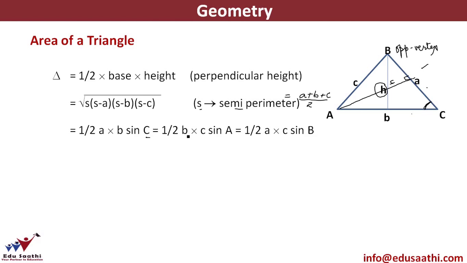So if I am taking B and C, there is angle A which is included between the sides B and C. So I will take sine of the included angle between them. If the sides are A and C, there is angle B which is formed inside A and C. So I will take sine of the included angle between A and C.